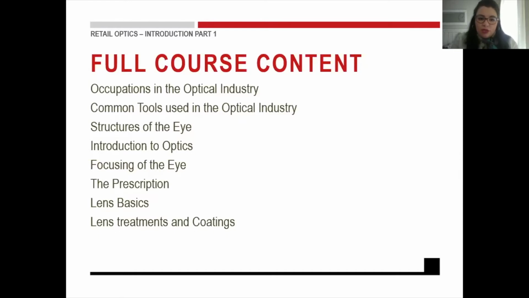We're going to do an introduction to optics, discuss lenses, and look at the focusing mechanism of the eye. We're going to look at an optical prescription for spectacles. We're going to talk about lenses, and lens treatments and coatings.